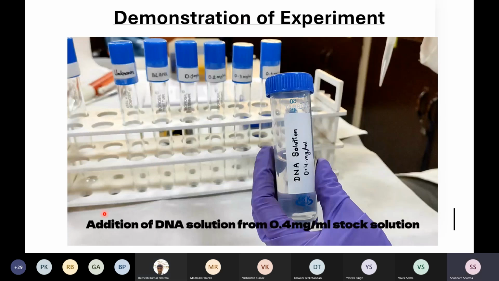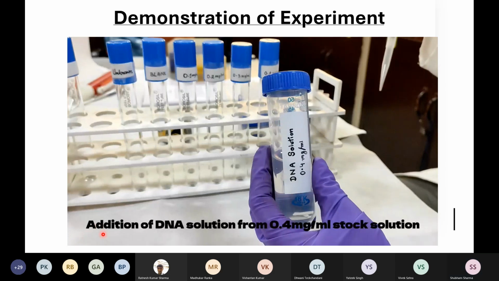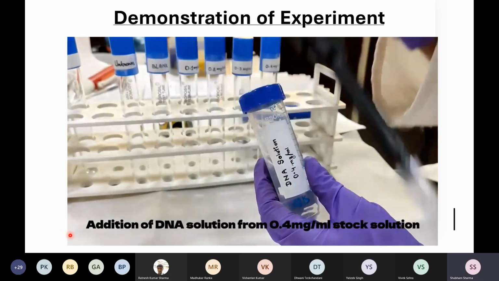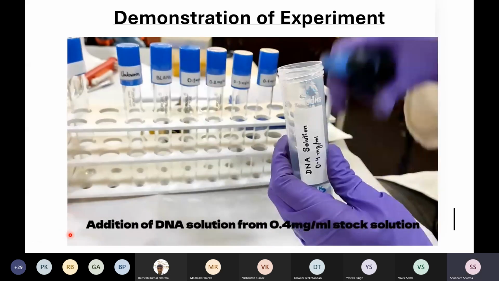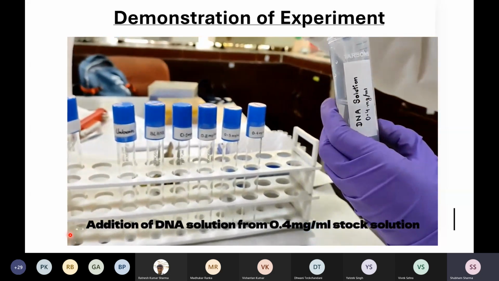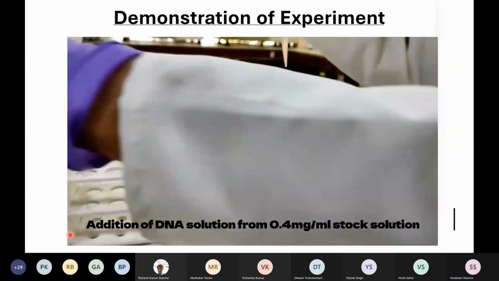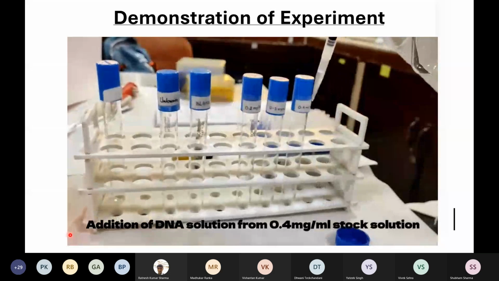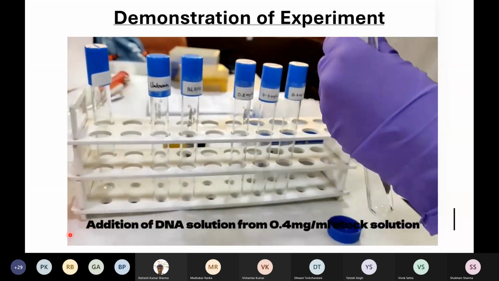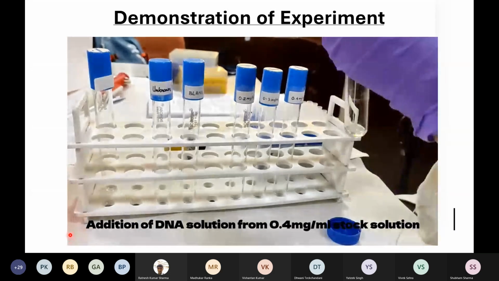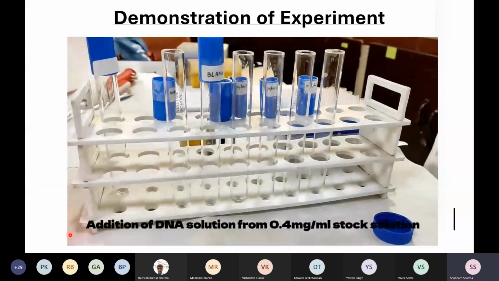Okay, so now you have to see how we have prepared the individual concentrations from the stock and performed the whole experiment. I will be explaining the individual steps, so I'm starting the video. First we add the required amount of stock solutions into the individual test tubes to prepare our standards.